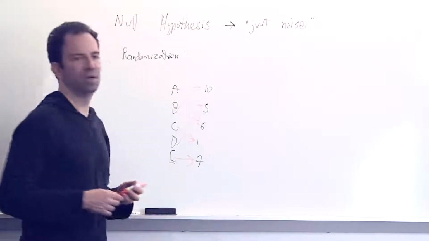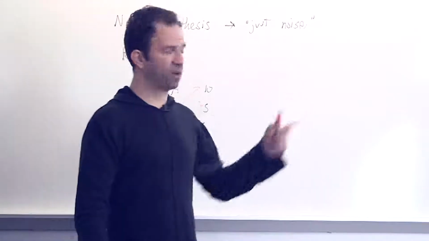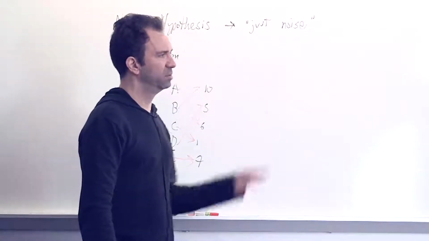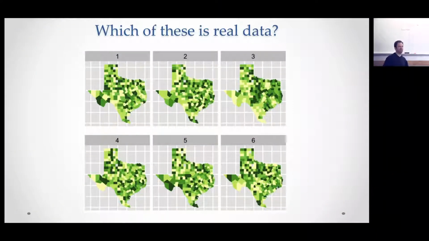All we do is we randomly reorder these things, or in the case of our county data here, we just swap all the counties around. And what we get is something that has the same distribution of underlying rates. So if you draw a histogram of the county data, you see exactly the same thing. We haven't changed the data.